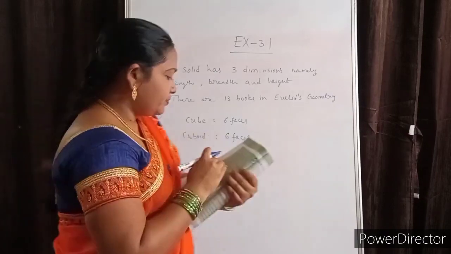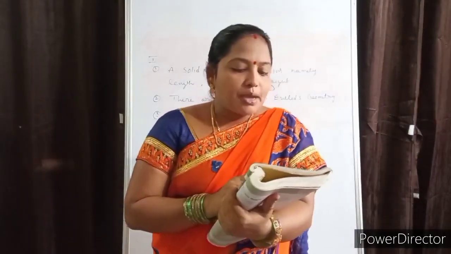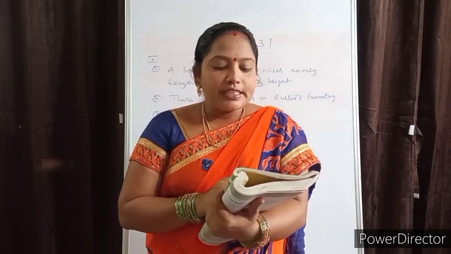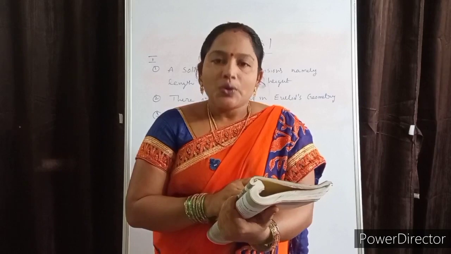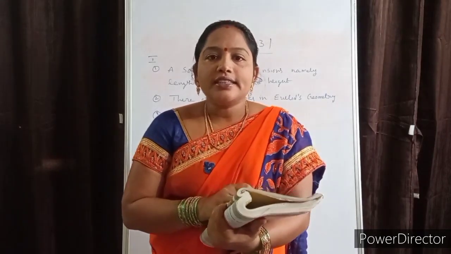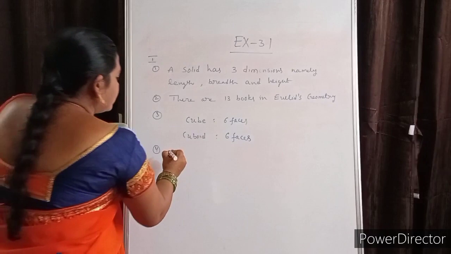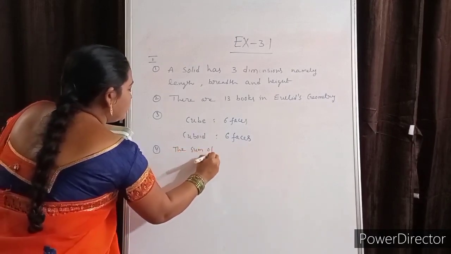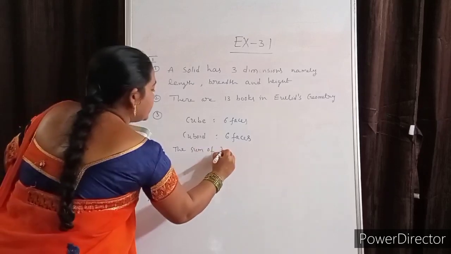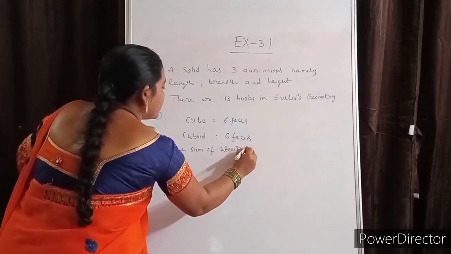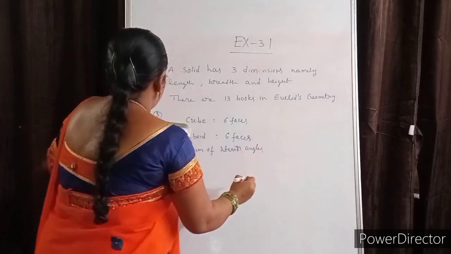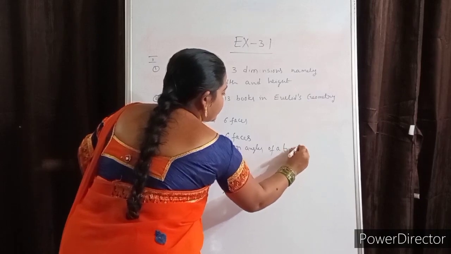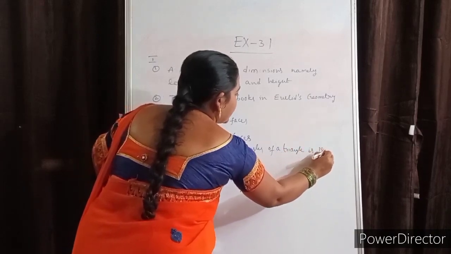Next question. What is the sum of interior angles of a triangle? The sum of interior angles of a triangle is 180 degrees.